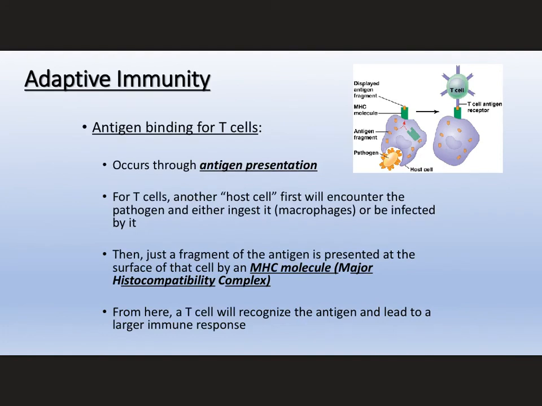Now T cells, it's very similar, except T cells do not usually interact directly with the pathogen itself. What happens instead is one of these phagocytic cells will catch a bad guy.